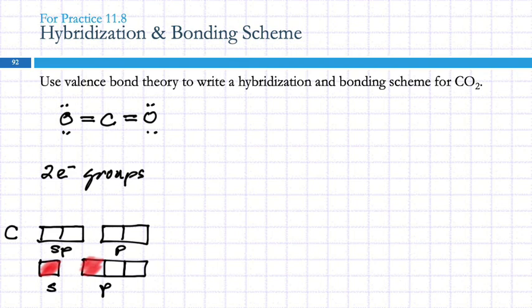Carbon has 4 valence electrons. 1, 2, that's bad. 2, 3, 4. And then oxygen, draw oxygen down here. We're going to assume that oxygen is not hybridizing its orbitals.